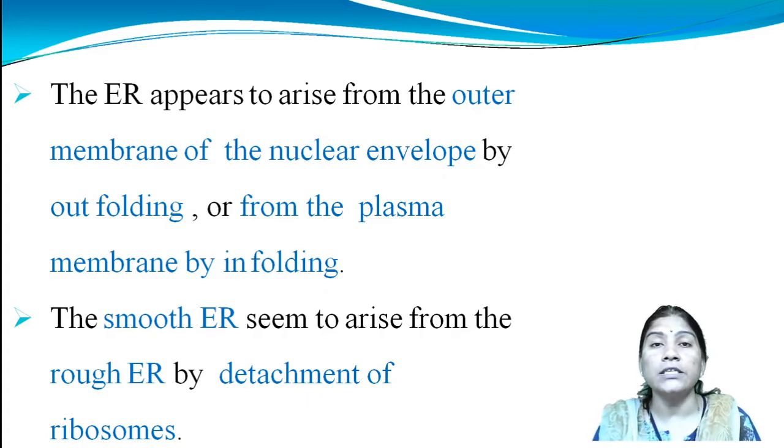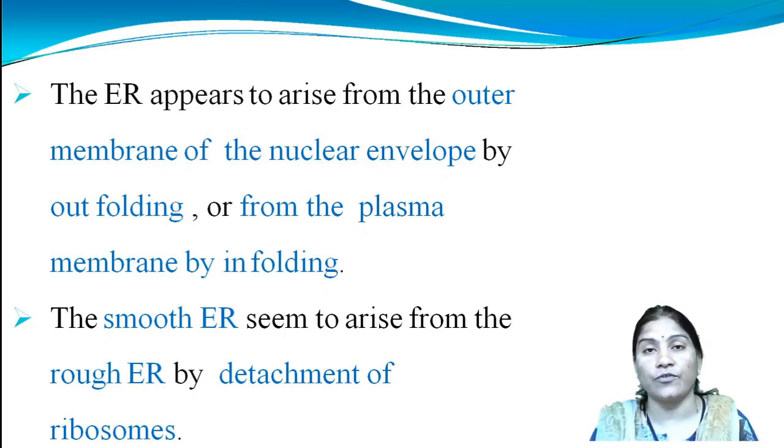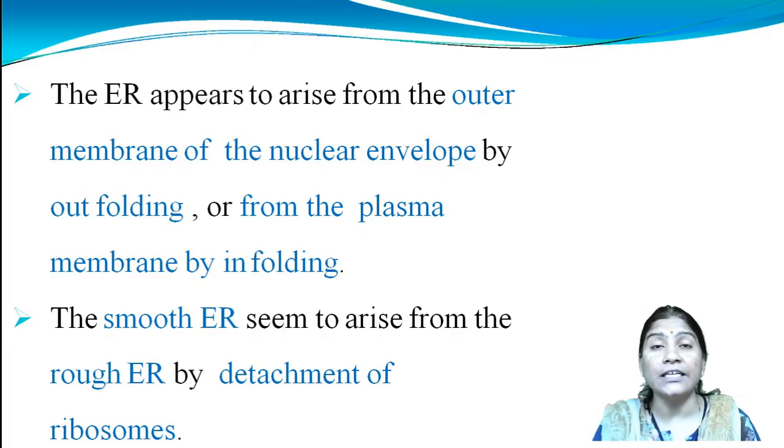And when there is detachment of the ribosomes from the rough endoplasmic reticulum, it forms the smooth endoplasmic reticulum. Means the smooth endoplasmic reticulum originates from the rough endoplasmic reticulum by the detachment of the ribosomes.